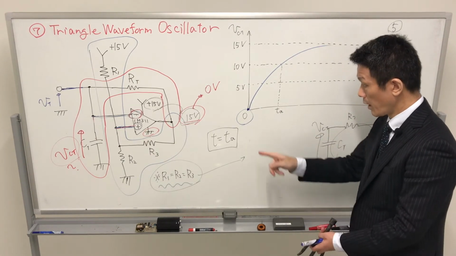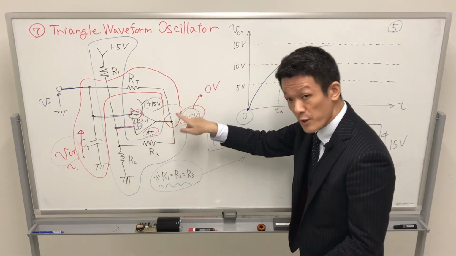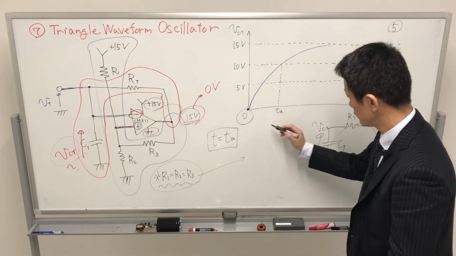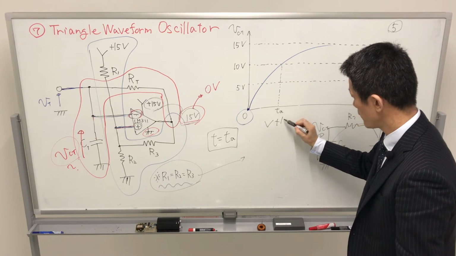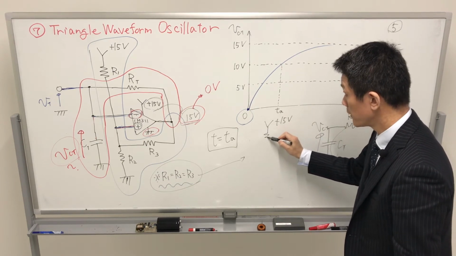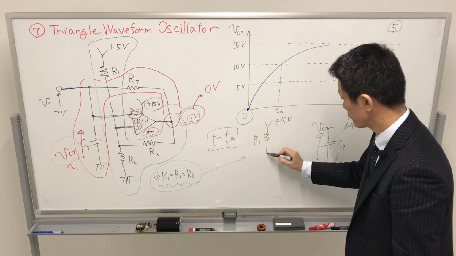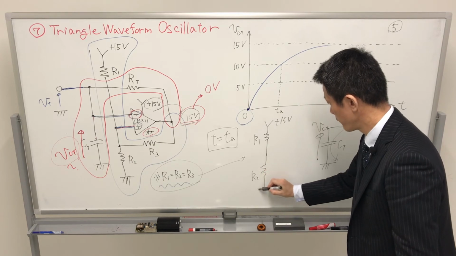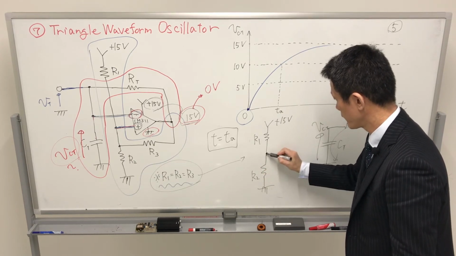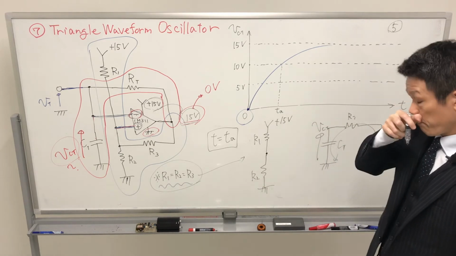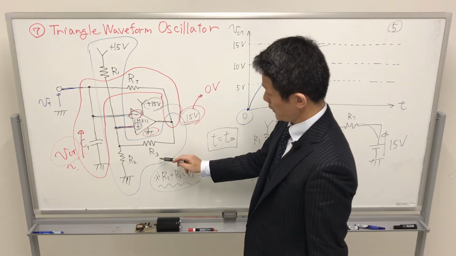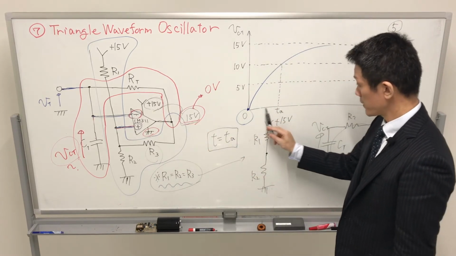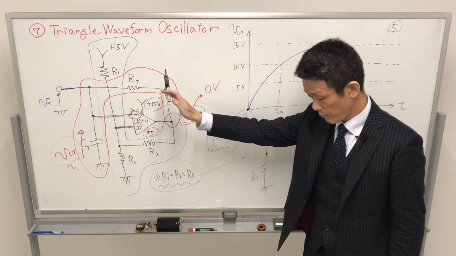Zero. This terminal is zero. So, terminal R1, R2, the resistance R3. This terminal in this term is 15 voltage.